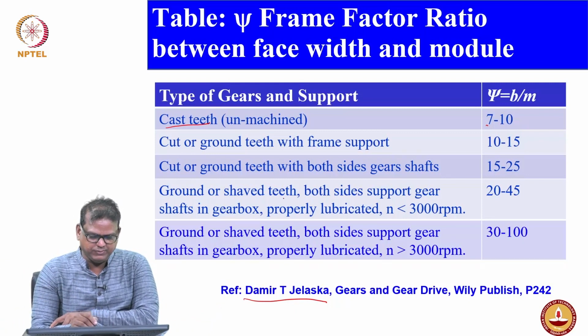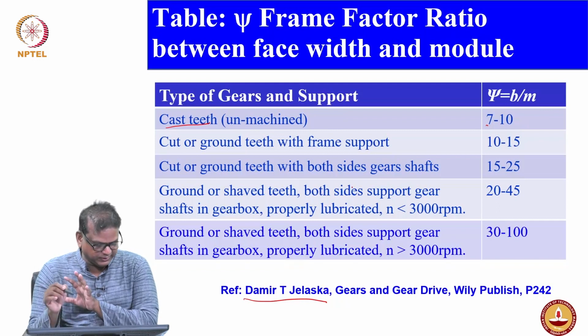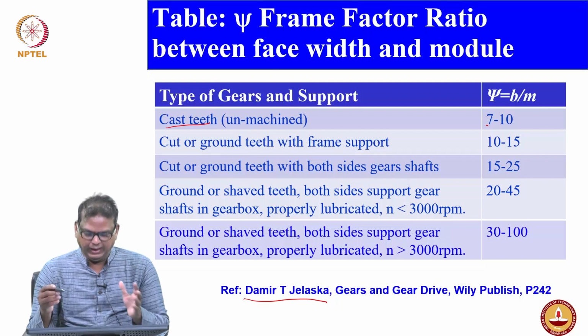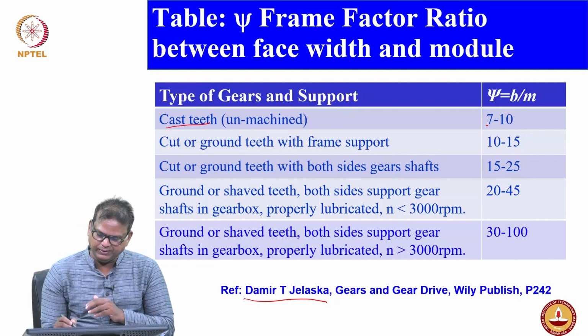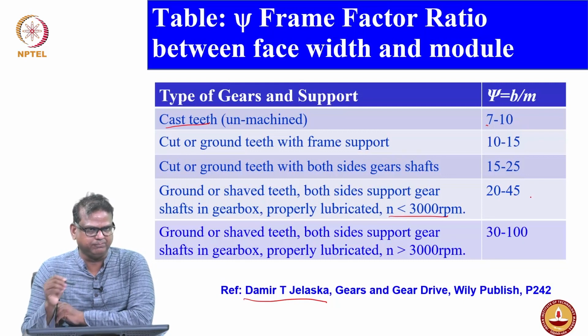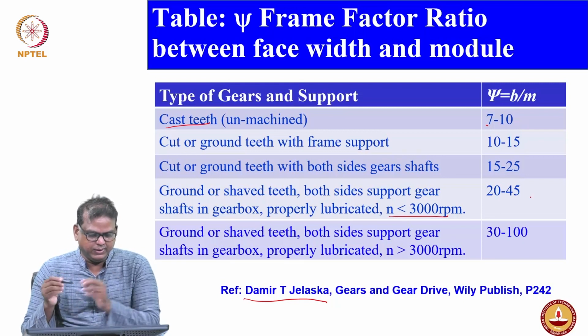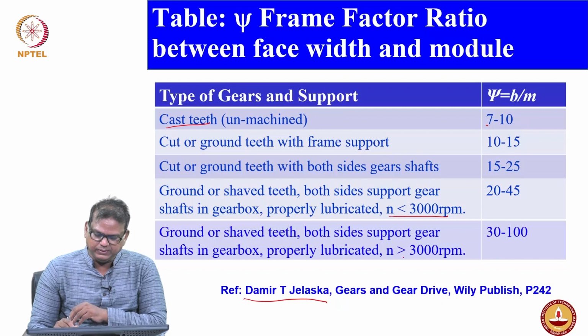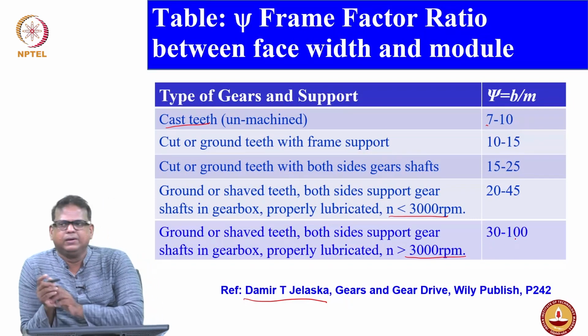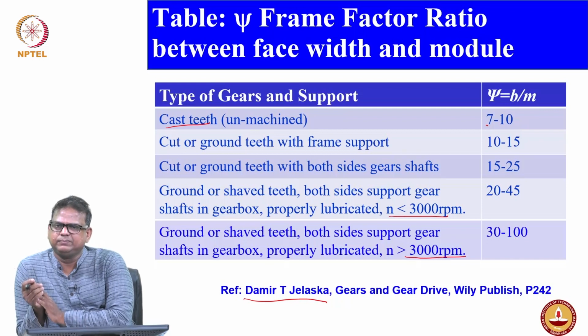Ground or shaved teeth with both sides supported, gear shaft in gearbox properly lubricated, and if the prime mover operates at less than 3000 rpm, you can choose 20 to 45. Same thing, but if it operates at more than 3000 rpm, then you can go for psi value 30 to 100. So what is our case?